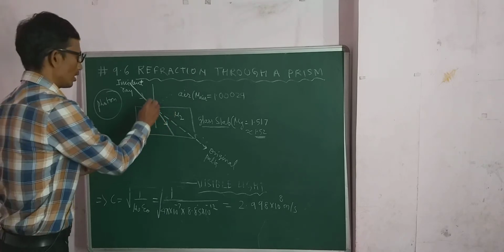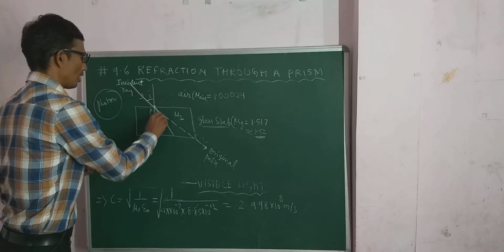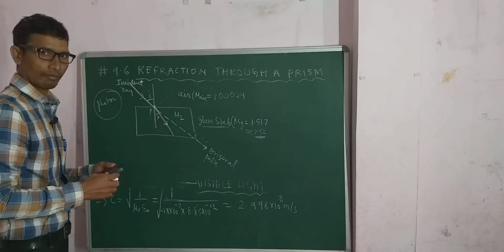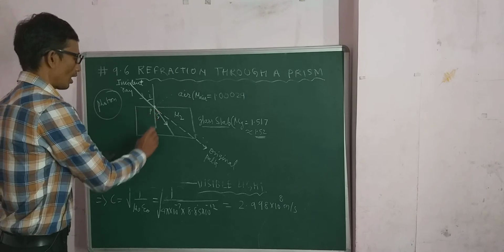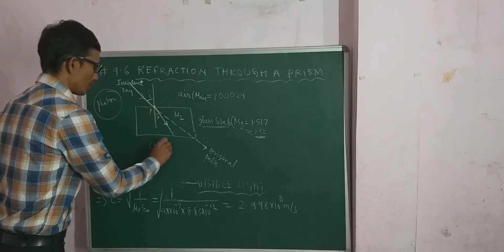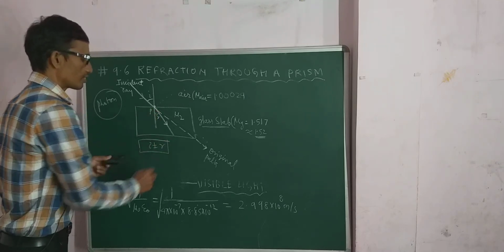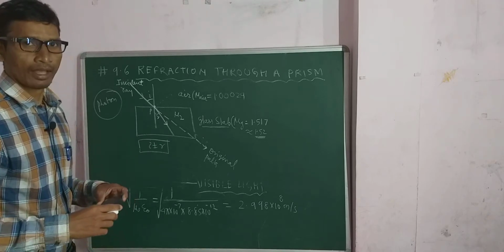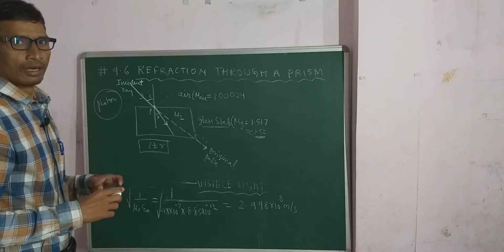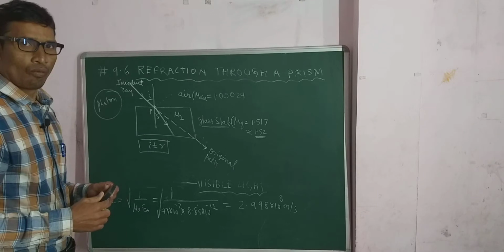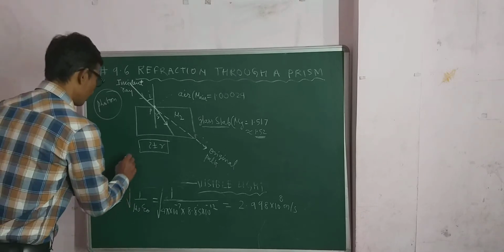In this case, I and R are not equal to each other, then a scientist, Snell, gave a law, that is Snell's law.